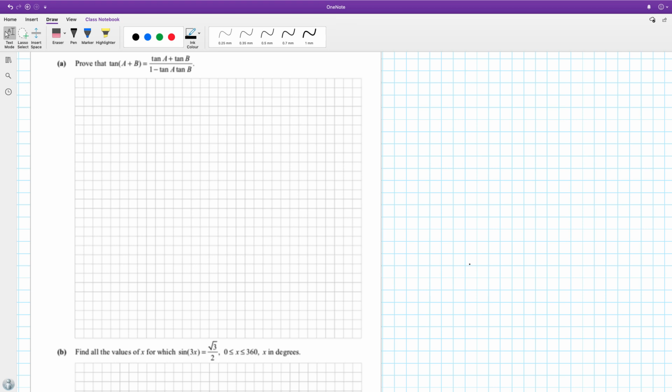So which one do we want to use? Prove that tan A plus B is equal to tan A plus tan B over 1 minus tan A tan B. Right, we have to change the tan of A plus B into something else.